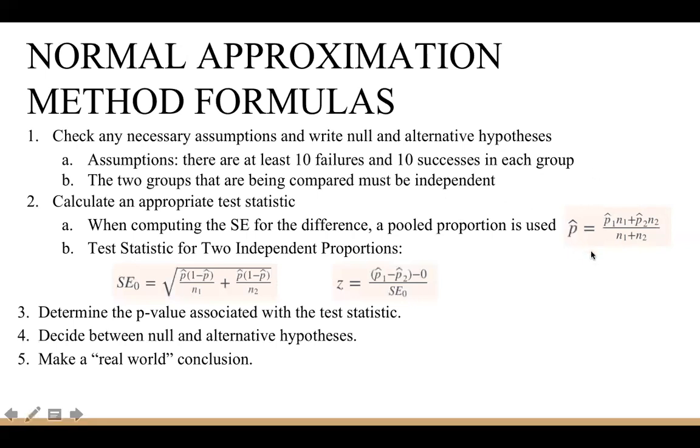And then once you get your test statistic, you're going to determine the p-value, and then you're going to decide between the null and alternative hypotheses and then make a real-world conclusion. So the last 3 steps are pretty similar to all the hypothesis testing we've been doing. So really just make sure that you're aware of what's going on in the first 2 to 3 steps.